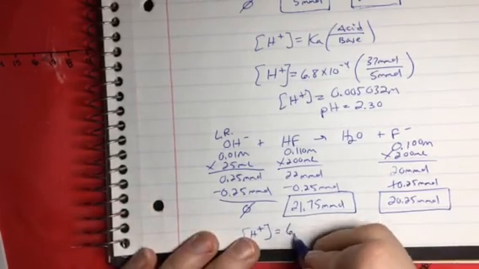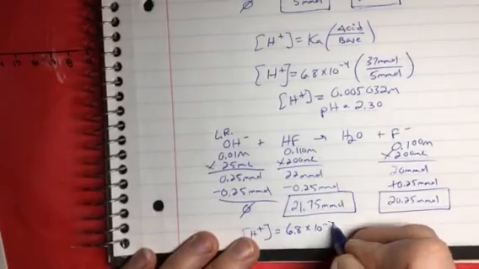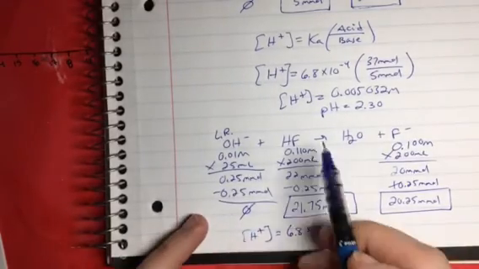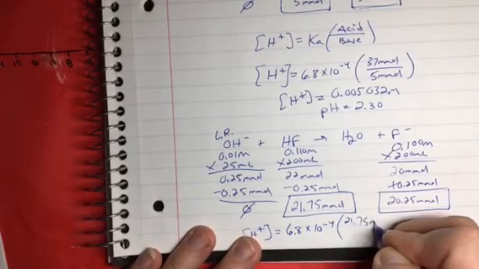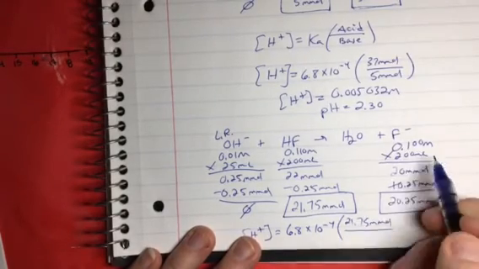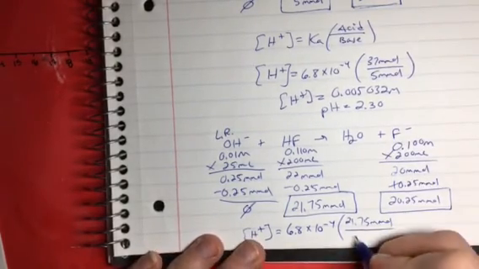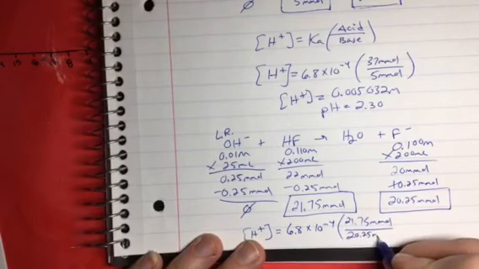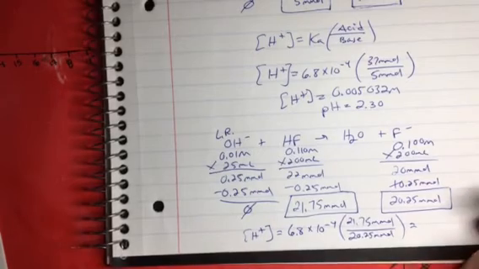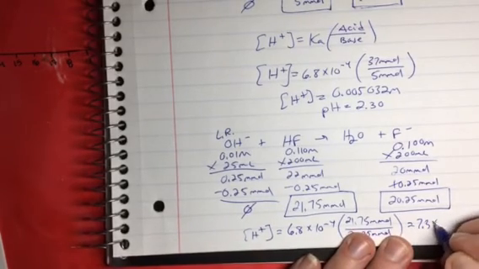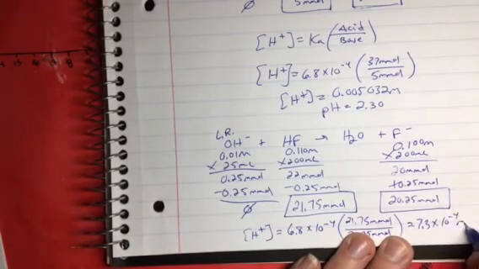So again, the Ka is 6.8 times 10 to the negative fourth. The acid is the HF, so we're going to use the 21.75 millimoles. And the F minus is the conjugate base, so we're going to use 20.25 millimoles. And this simplifies to 7.3 times 10 to the negative fourth.